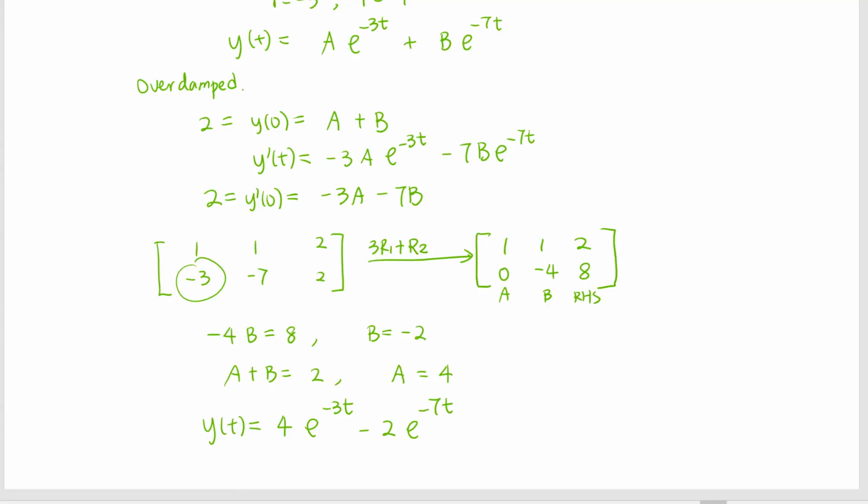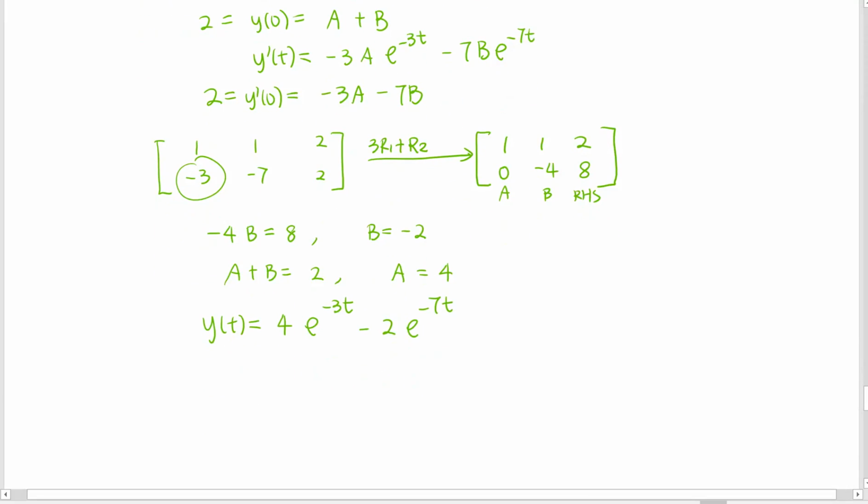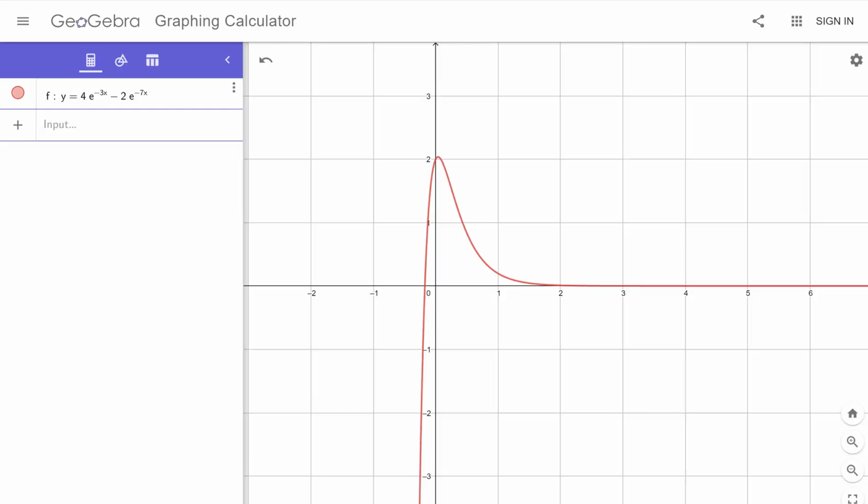So this is our final solution for this problem, the overdamped case. You can also try to plug these functions into software like GeoGebra to see what the function looks like. I just typed it in the calculator, and this is what we get. All right, let's continue.